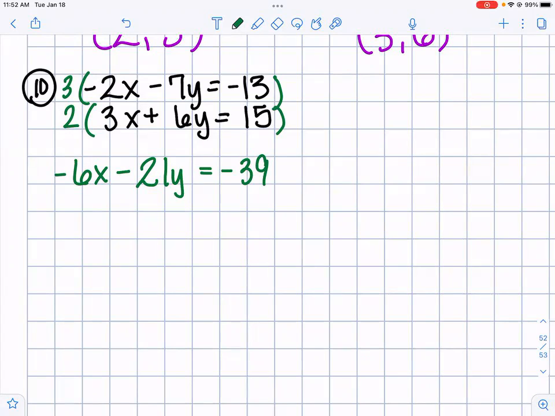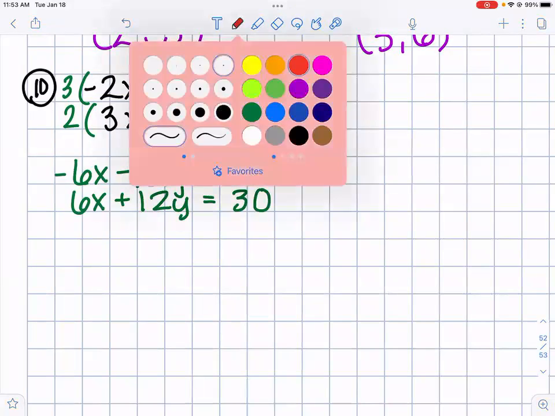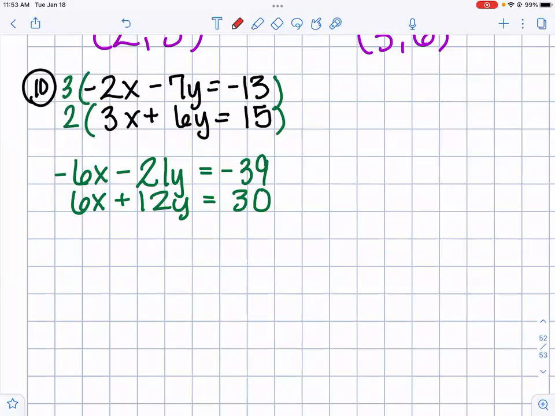Now we've got to take all the numbers in the bottom equation times 2. 2 times 3 is 6x. 6 times 2 is 12y. And 15 times 2 is 30. So all we did was rewrite those two equations so that one of the values matches up.